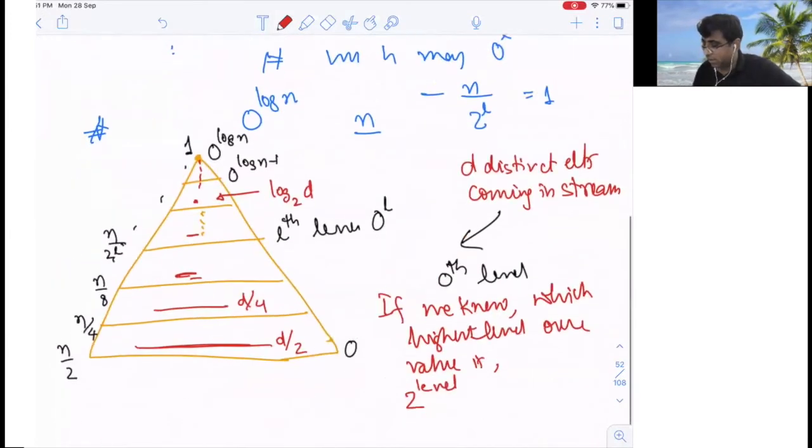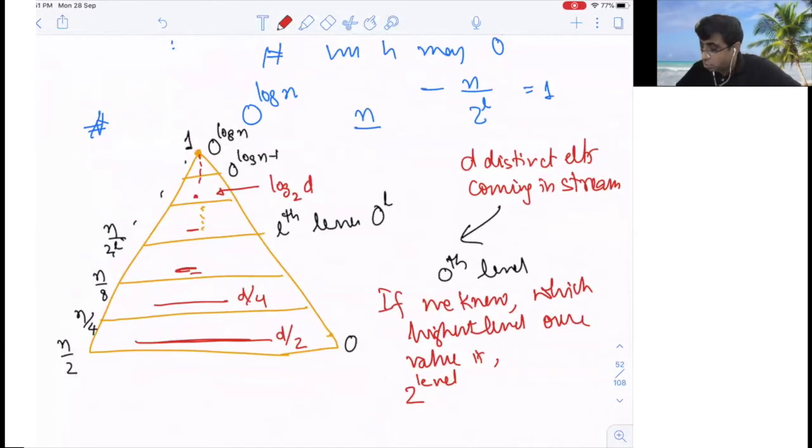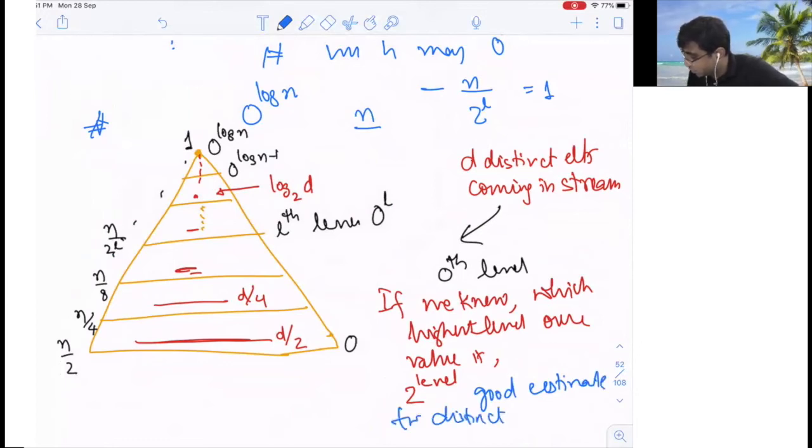Do you agree? 2 power level is a good estimate for distinct elements. Is the intuition clear? Anybody? Piotr, is it fine? Yes, it's fine for me. Yeah, so this is what the algorithm will do, okay?